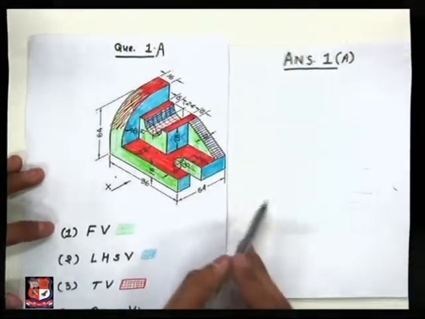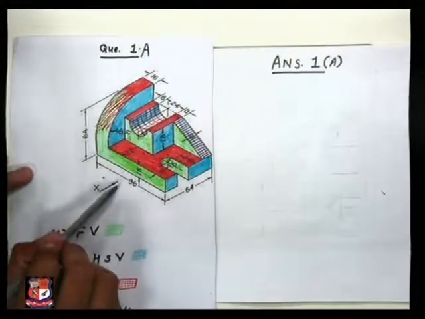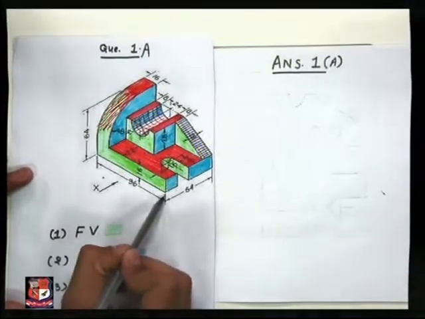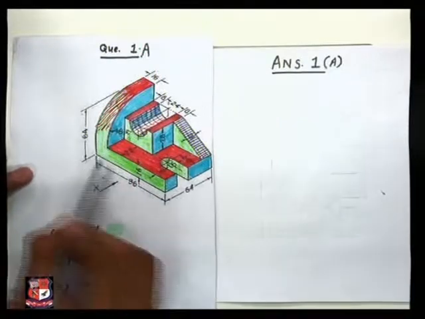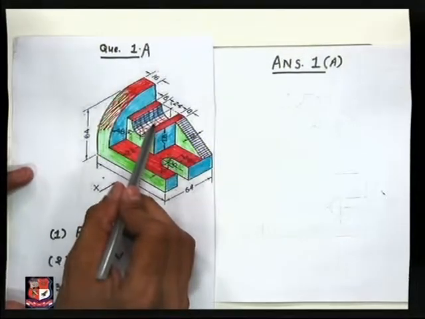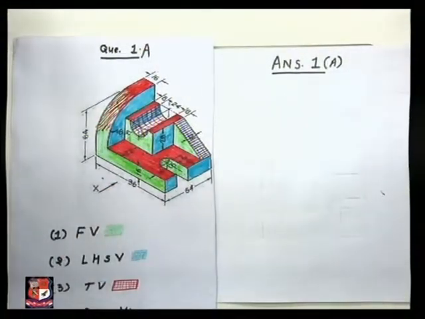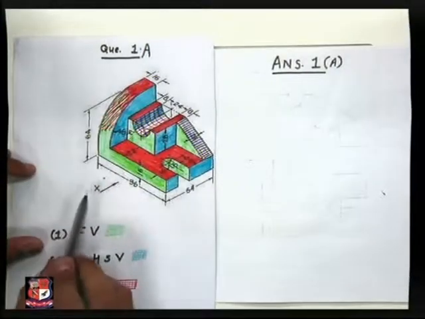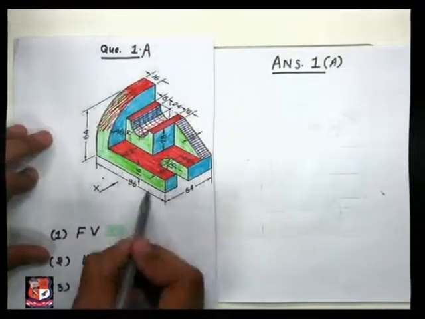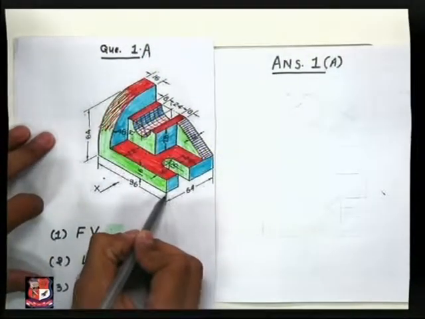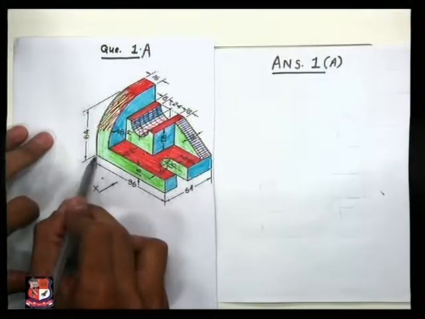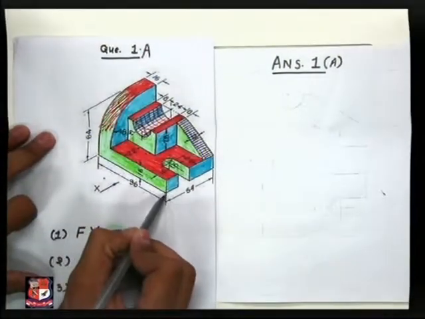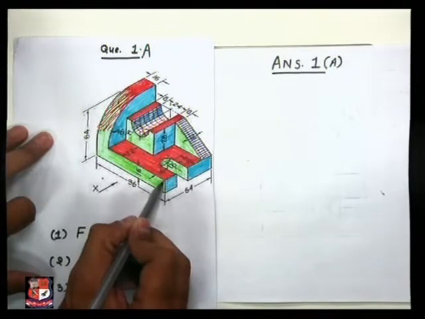Now we start drawing its front view. If you look from this direction, let me start from this corner. So its width would be 96 and height would be 64. So first we have to draw a rectangle of given dimension 96 by 64. After drawing that rectangle, let me start from here. Here this line will be fully visible, of length 96 millimeter, and this height, that is 16 millimeter, would be visible.